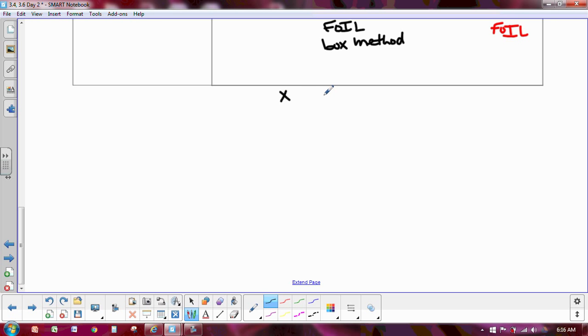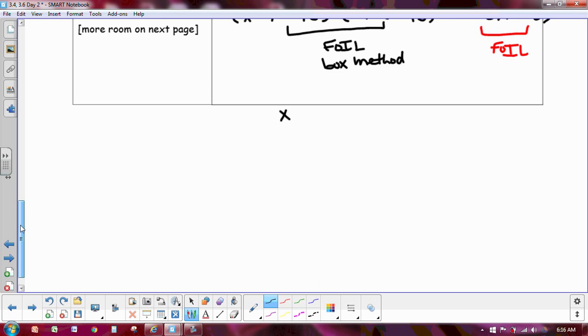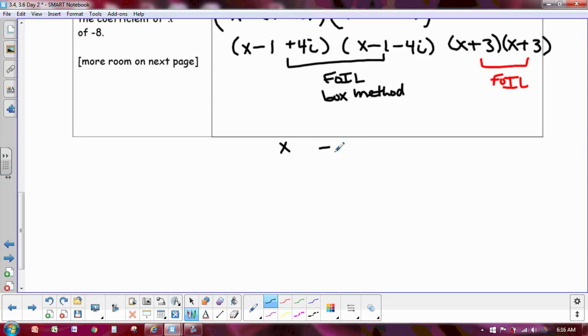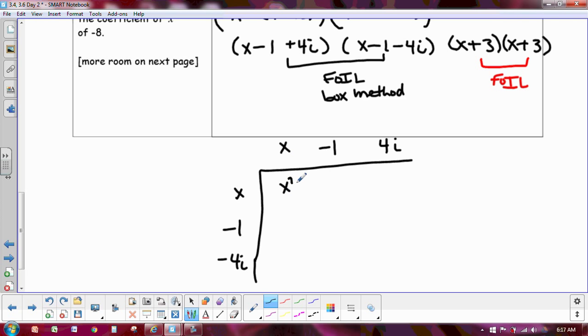So x minus 1 plus 4i. And then x minus 1 minus 4i. And then I multiply. x squared, negative x, 4ix.